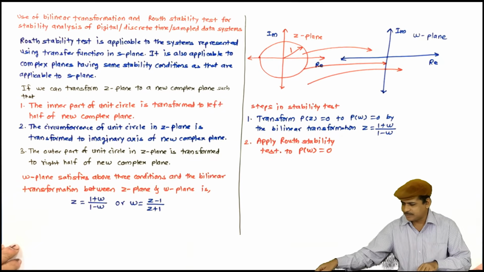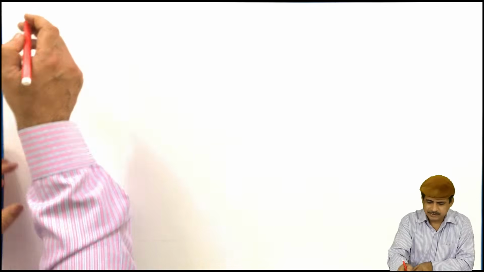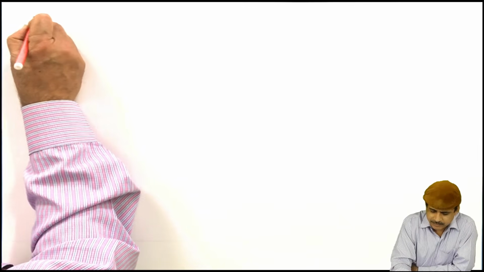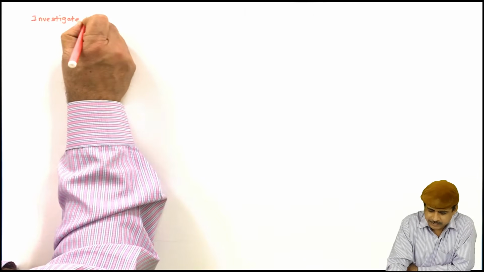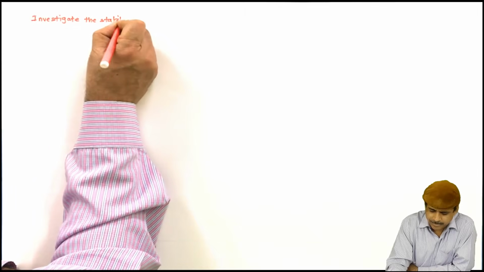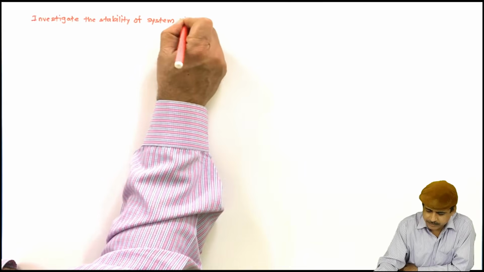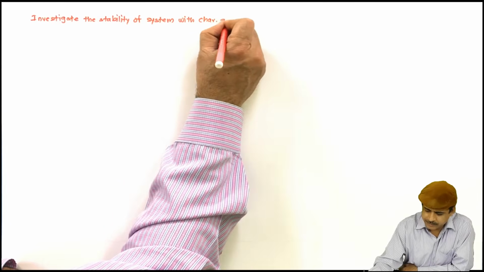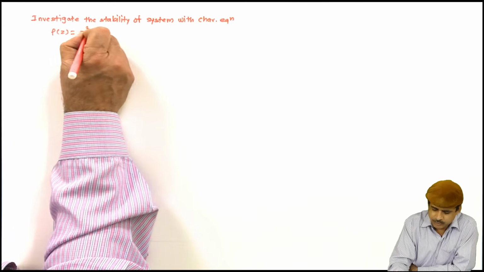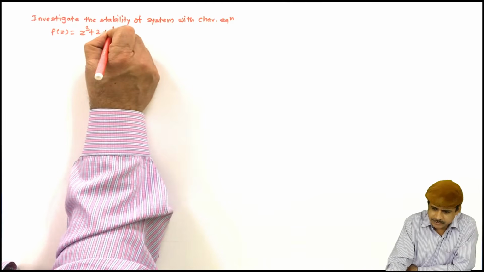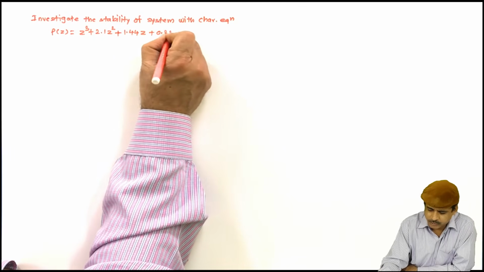So to consider the concept, let us solve one numerical example. Investigate the stability of system with characteristic equation P of Z is equal to Z cube plus 2.1 Z square plus 1.44 Z plus 0.32 equal to 0.